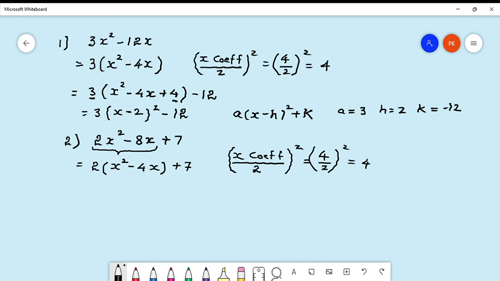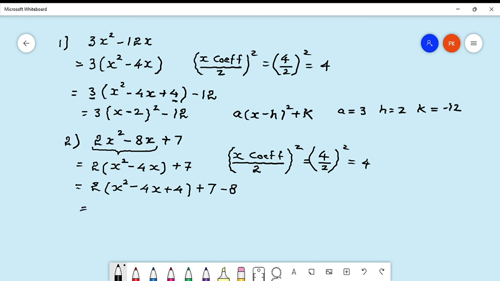So inside the bracket, I'll add 4 here. Now, inside the bracket you have added 4, which means effectively, how much have you added? 4 2s are 8. Outside the bracket there is 2. So to balance, I'll subtract 8 here.